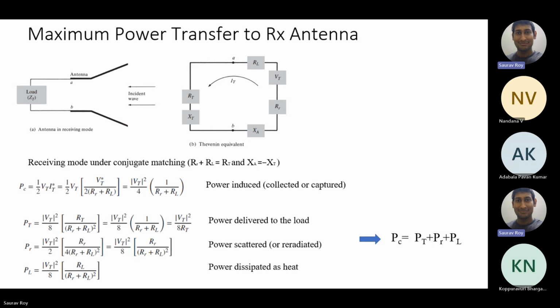What are the components it will be? Let me ask the question once more. If a receiver antenna collects some power from somewhere, how will this power be dissipated, or what will be the different components?